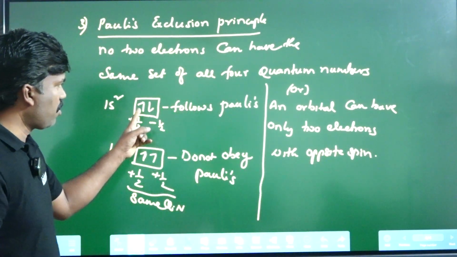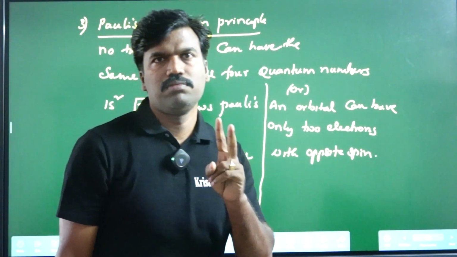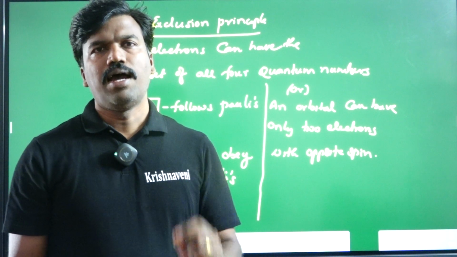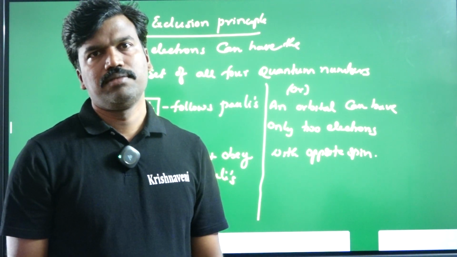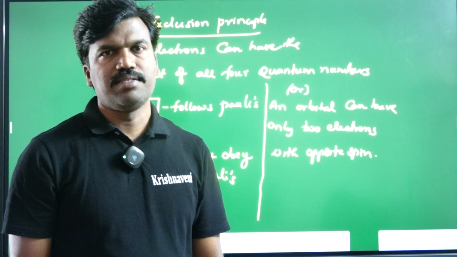Any orbital can accommodate only 2 electrons, not more than 2. There is a maximum of 2 electrons in any orbital, and they must have opposite spin. If one is clockwise, the other one should be anti-clockwise.